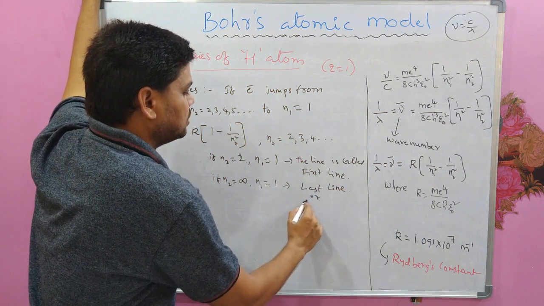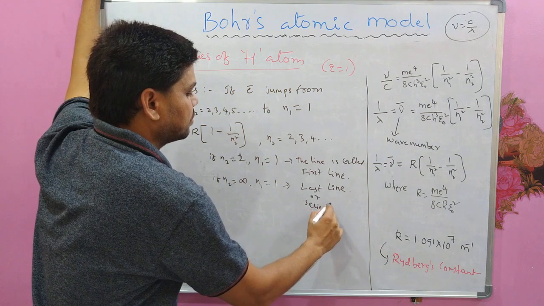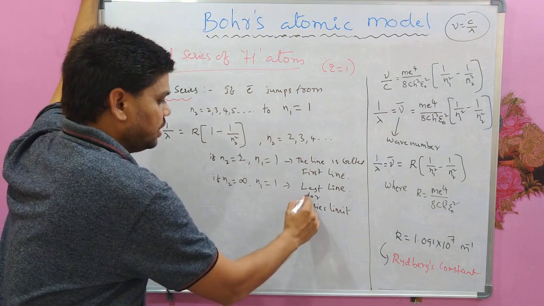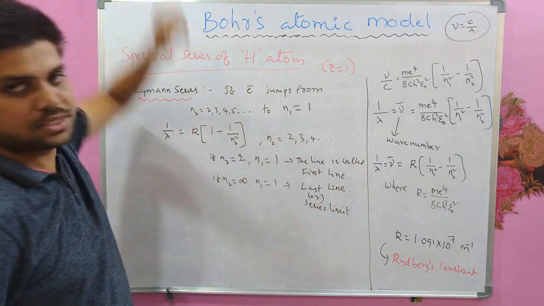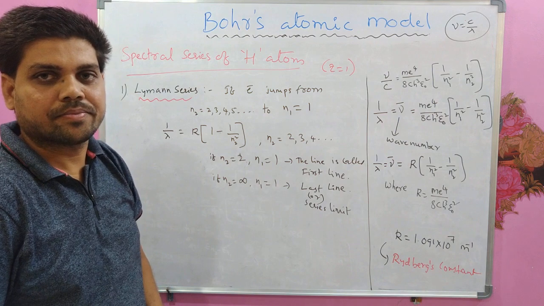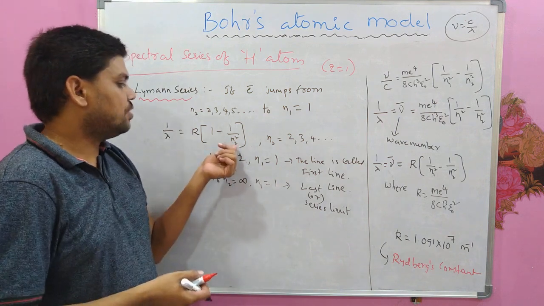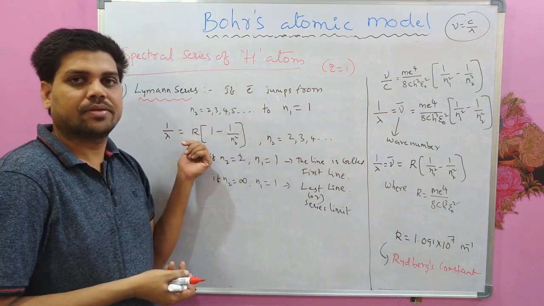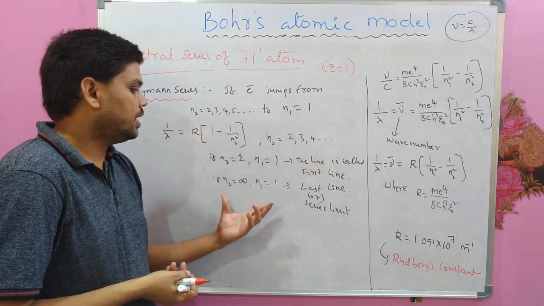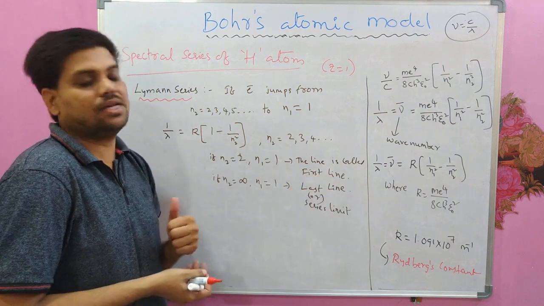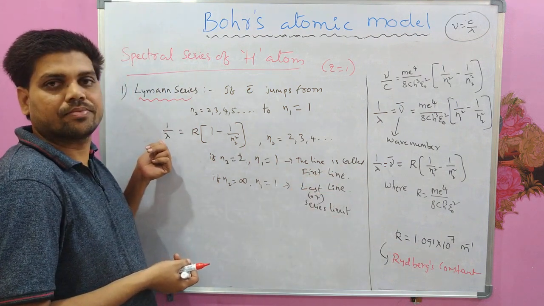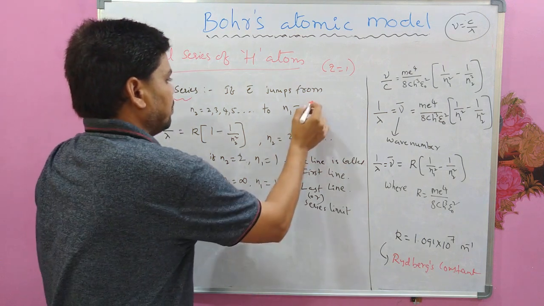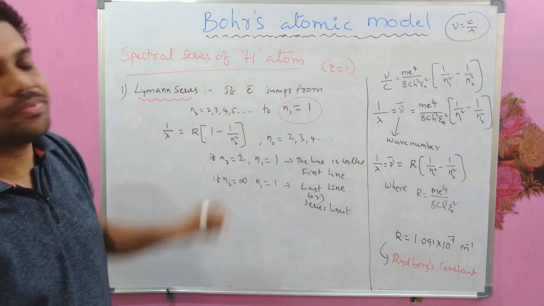This is also called the series limit of the Lyman series. So based on the value of N2, R is anyway a constant, we can get the first line and last line wavelength from here. That is Lyman series. Remember, this is important, from which orbit to which orbit it is coming.